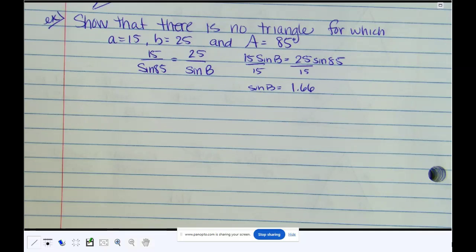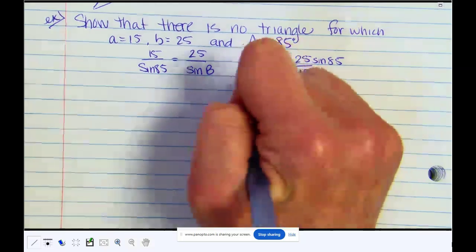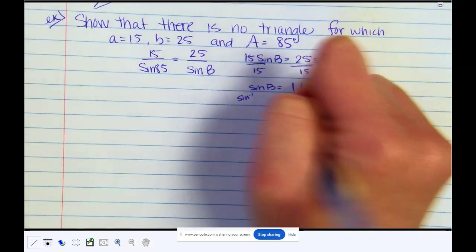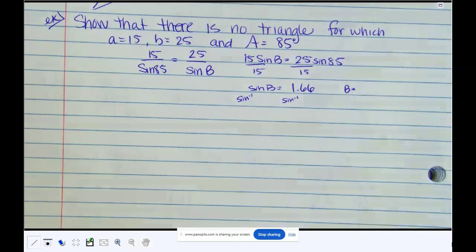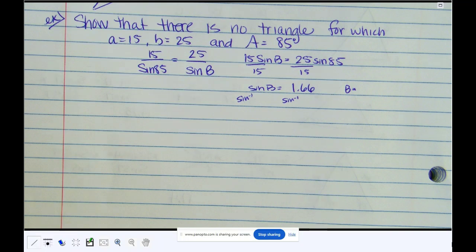Sine inverse, right? Sine inverse. The sine is between 0 and 1. Boom. What is it? No solution, because sine has to be between 0 and 1.